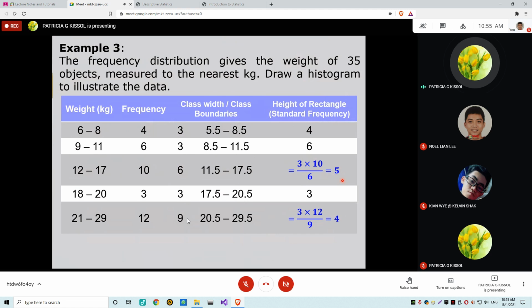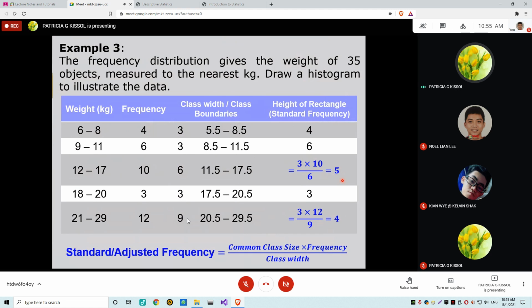And once you got that, you draw it on the graph paper. Well, this is the formula: the standard, or what we also call adjusted frequency, equals the common class size, which in this example is 3, times the frequency, divided by the class width accordingly. Like here is 6, here is 9.